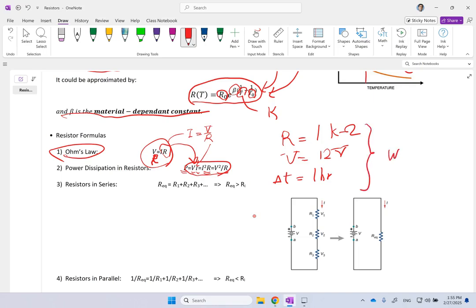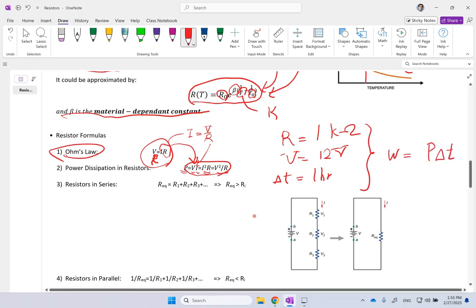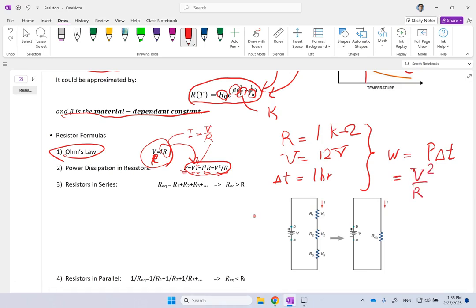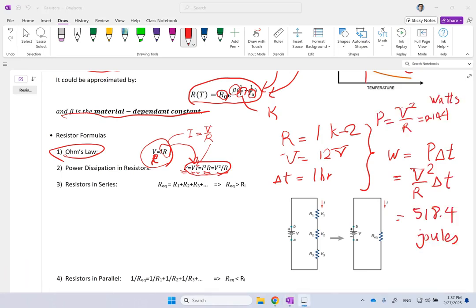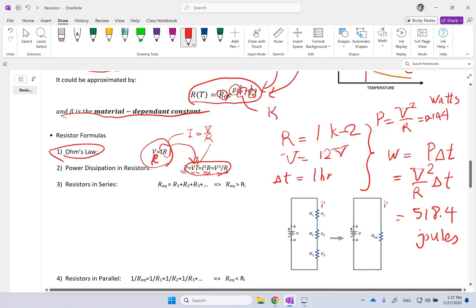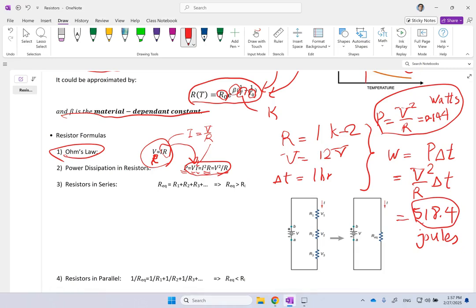You can say that W is P times delta T, because in this case P is constant, and since I have V and R, it's going to be V squared over R times delta T. Okay, so if you calculate this, you see that the power of it is 0.144, or about 15 hundredths of a watt. And the energy that it used during this time is 518 joules.